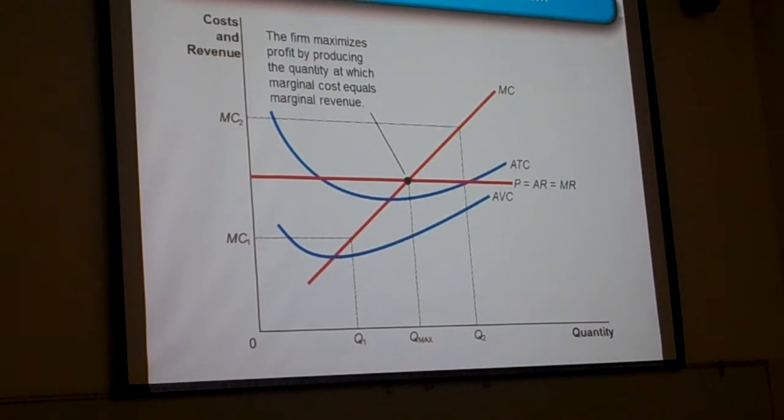If you're thinking, wait a second, you just said you're going to try to produce where average total cost is as far away from your total revenue, this doesn't seem to mesh up. Wouldn't this dot be right there? That's true, but that's a profitable industry. Give me a few minutes to talk about that.